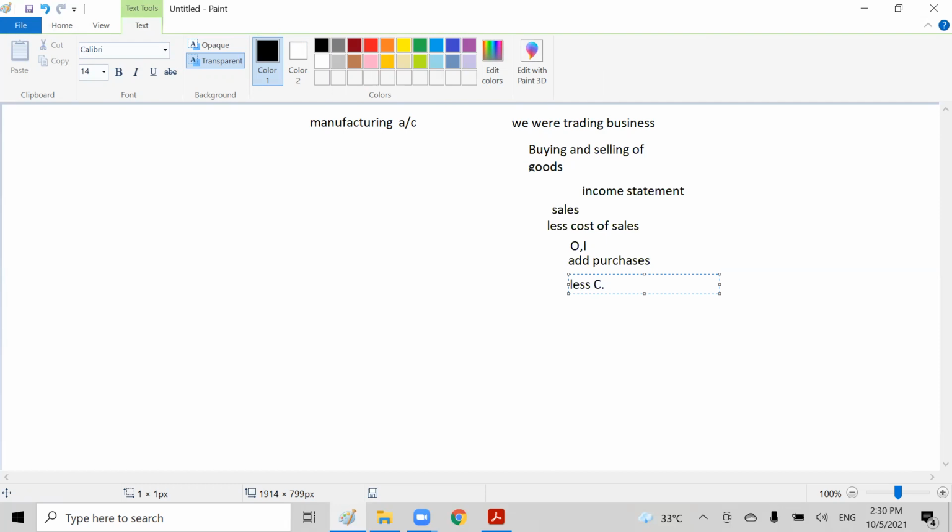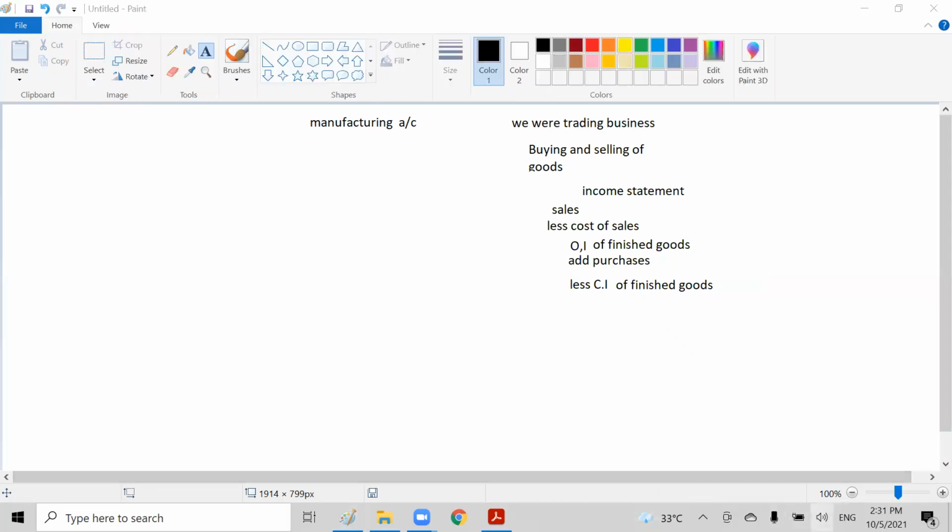Why? Because the thing which I want you to understand is that at that time, this was the opening inventory of finished goods, and this was the closing inventory of finished goods, because you were buying finished goods and selling finished goods. So there was nothing like raw material and nothing like work in progress.